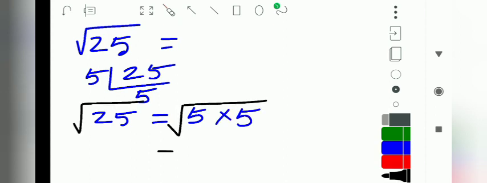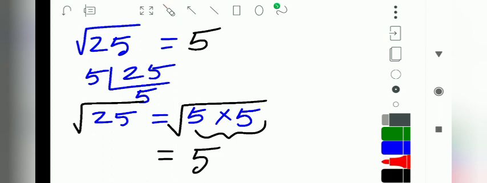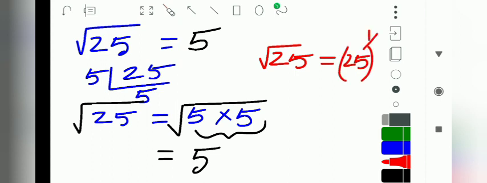Here it is 25. After prime factorization, you can write 25 equal 5 into 5. Each pair of the number, a single value comes out. Here two 5s generate a single 5. So root over 25 is equal to 5.